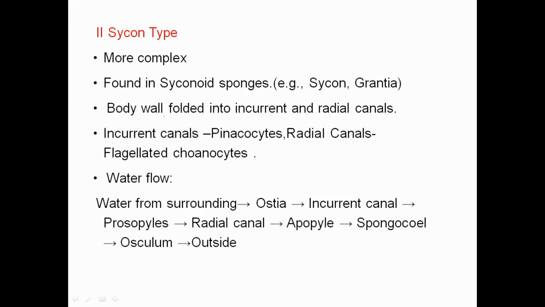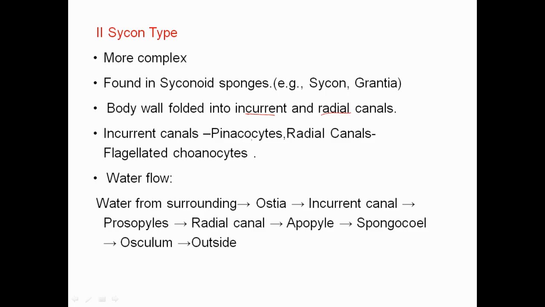Here, in this water canal system, the body wall of the Porifera is folded to form two types of canals. Remember, in the Sycon type, the body wall is folded to form two types of canals: incurrent canals and radial canals.